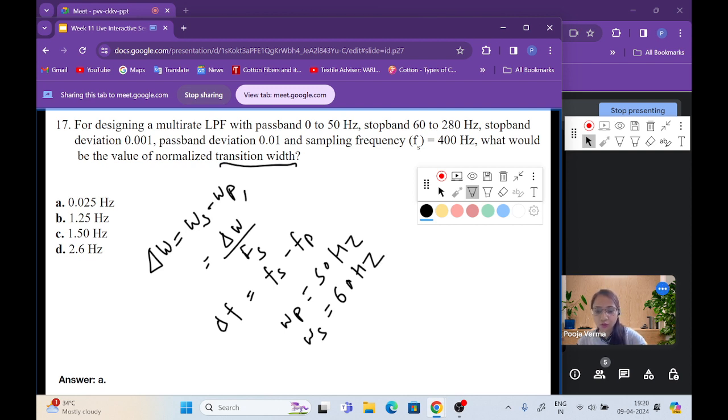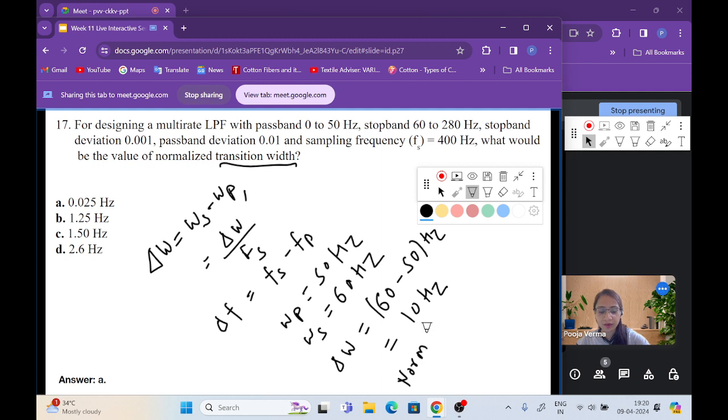Okay, so what will be del omega? The stop band frequency, that is 60 Hz, minus the pass band frequency, that is 50 Hz, so 10 Hz. Now we have to find the normalized transition width.